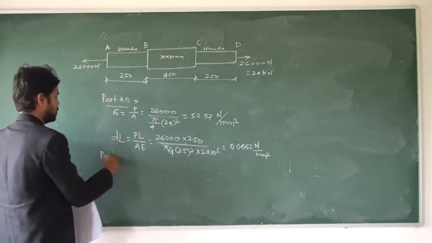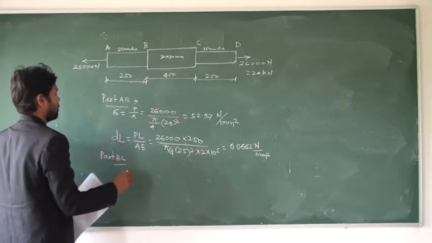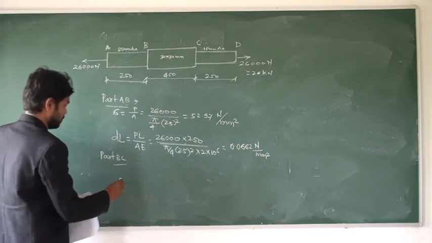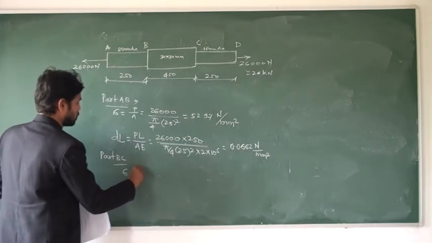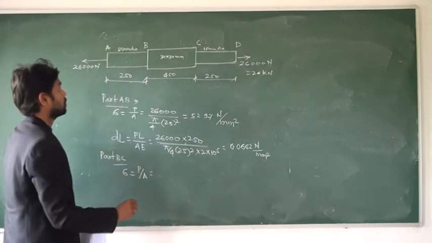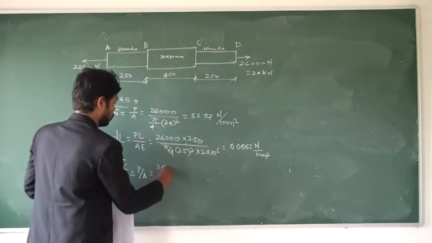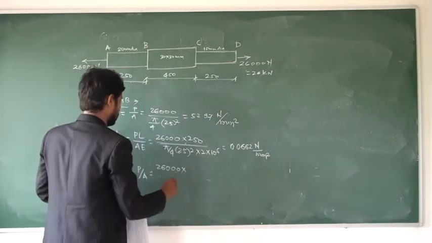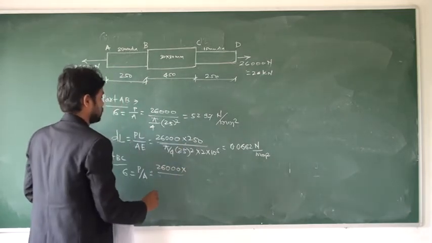Then part BC. Now in part BC, again you have to calculate stress, force divided by area. Force is 26000.